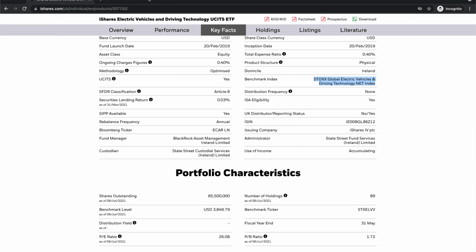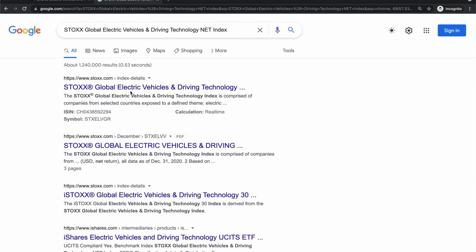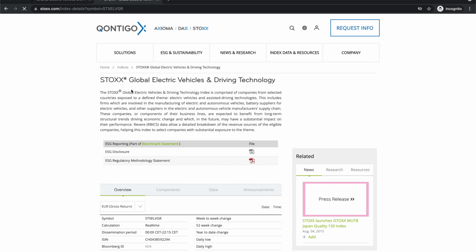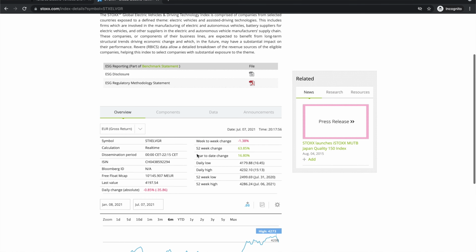So we can actually look this up. Okay, here it is. This is the official index that this ETF is tracking, the Stoxx Global Electric Vehicle and Driving Technology Index.